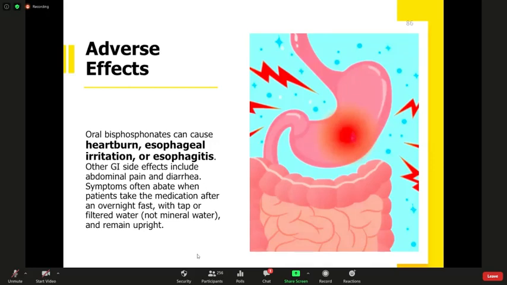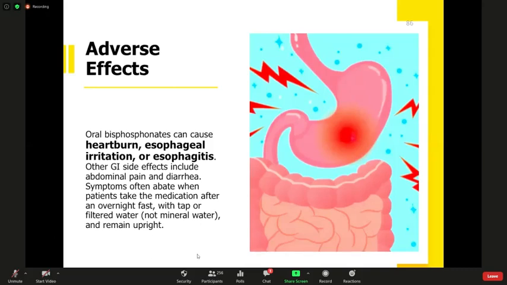The common adverse drug reaction is heartburn and esophageal irritation or even esophagitis. And so the common instruction when they take these drugs is to take it first thing in the morning and to stay upright for an hour or two, or they don't go back to sleep after they take the drug, to prevent the esophagitis.